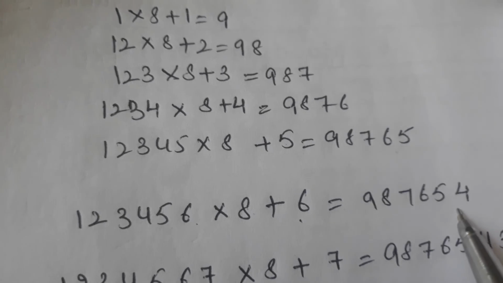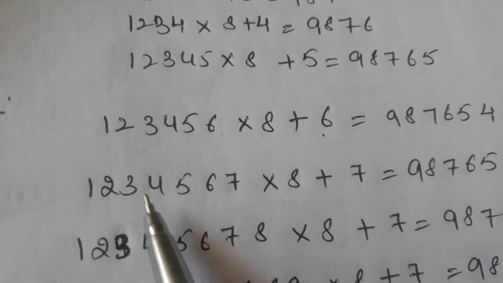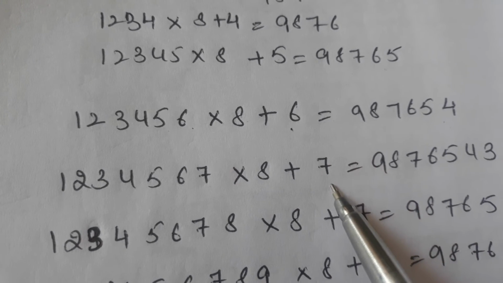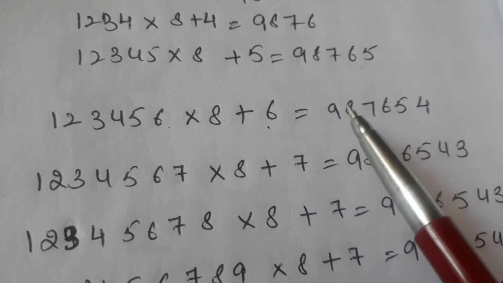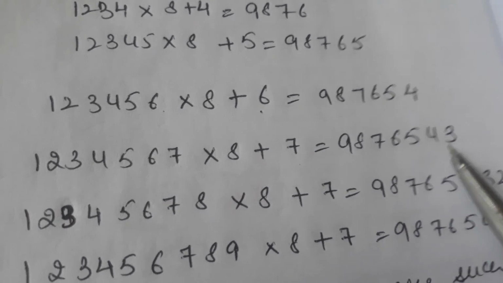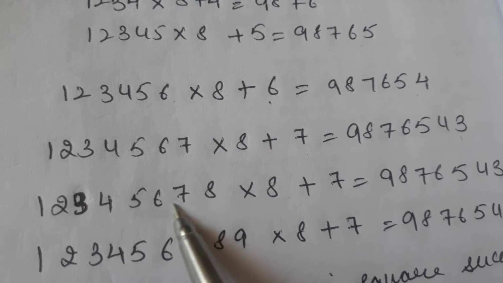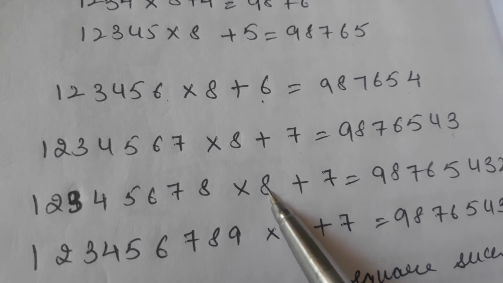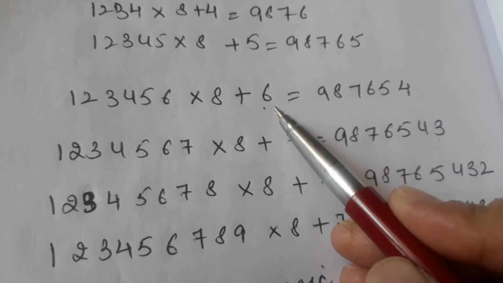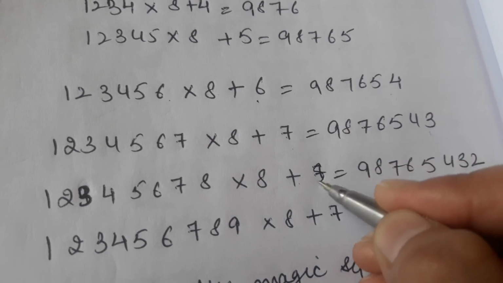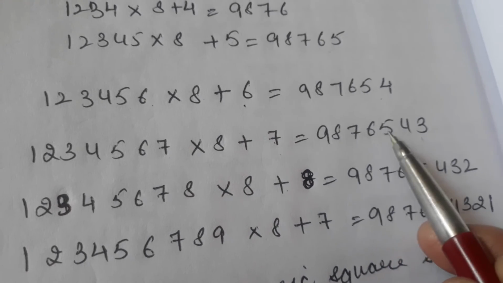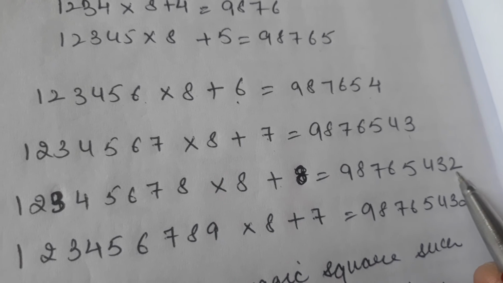Then next will come 4. Similarly 1234567 into 8 plus an increase in 1, 7 is equal to what will come here? 9876543. Next 3. Next 12345678 into 8 plus 8 is equal to 98765432, then 2.